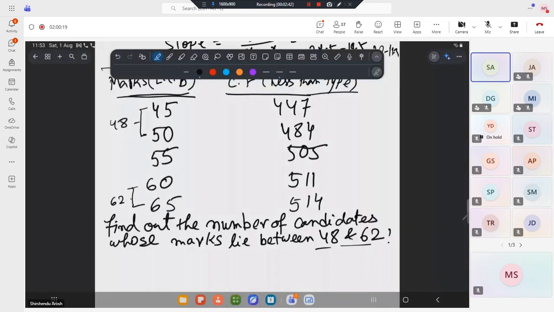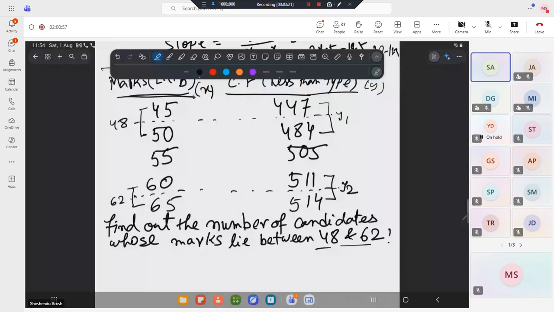Suppose I find the value corresponding to 48, and say I call this y1. I'm taking this column as x and this column as y; you can take it the other way also, there is no problem. And if I find the value for 62 as y2, then y1 tells me that below 48 this many students are there.